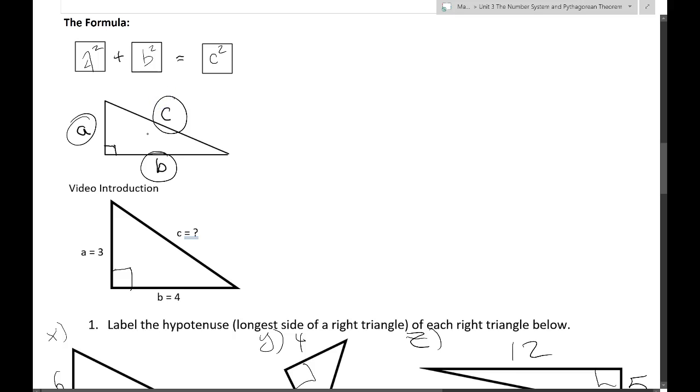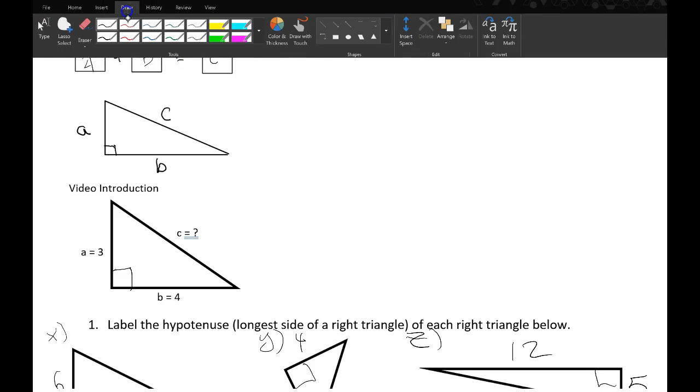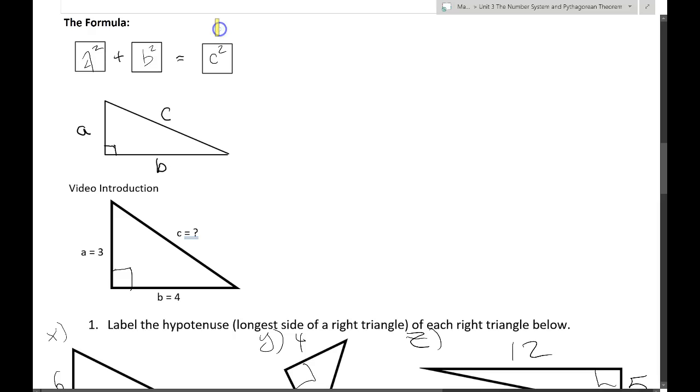A quick note that I want to make is that A and B are very much interchangeable. When we're solving for these things, we're going to use some highlighters to denote which is which. A and B, I used yellow for both, because A and B really just signify the two legs.